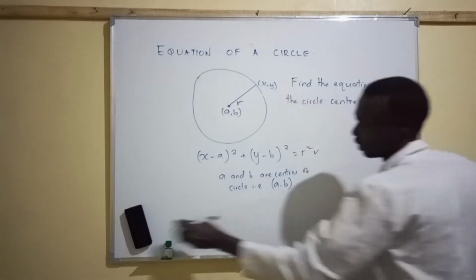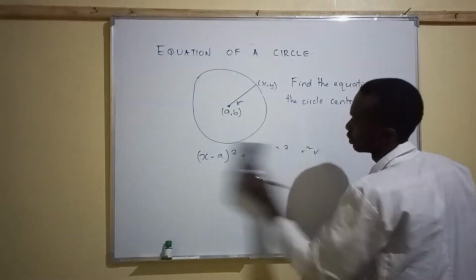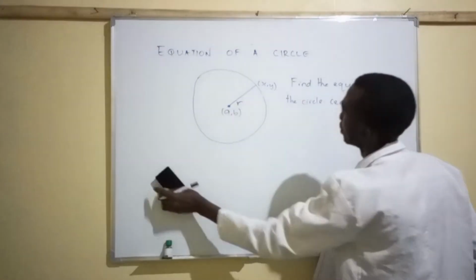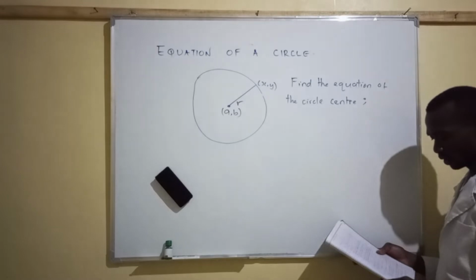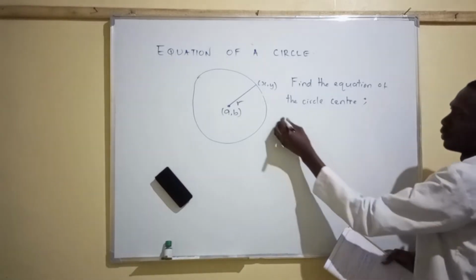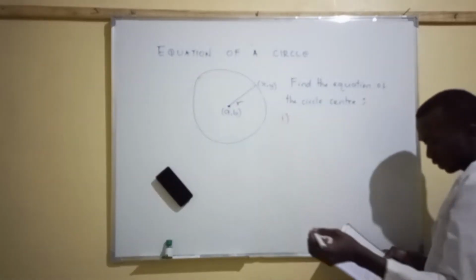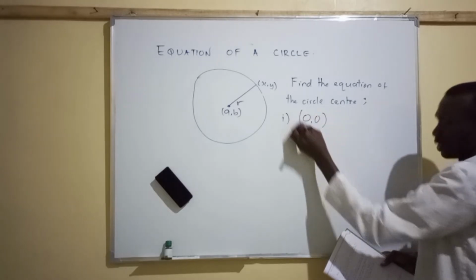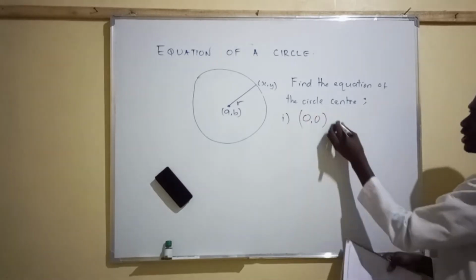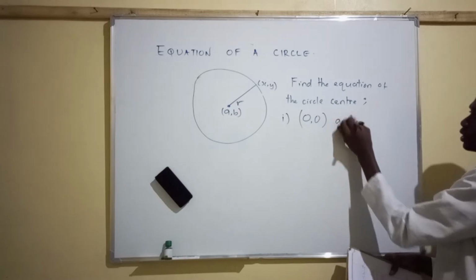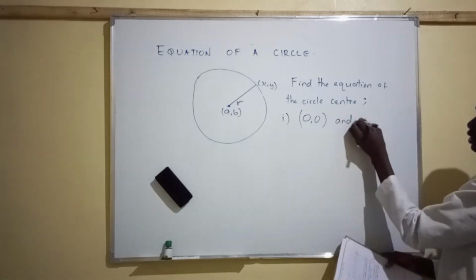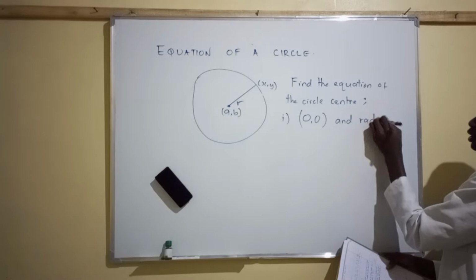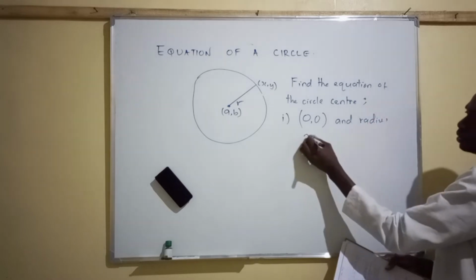The first one we have, Roman 1: the center is (0, 0), that is the origin of the Cartesian plane, and radius 2 units.